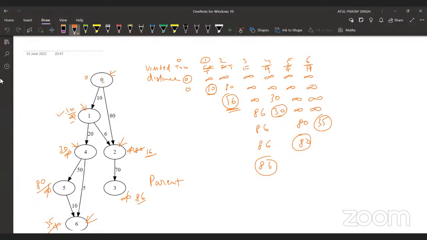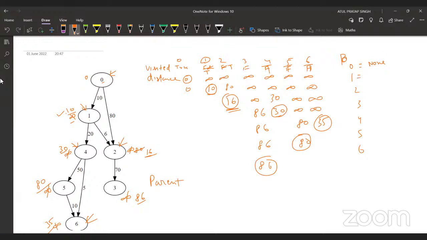We can store this information in another structure. For example, we can create a dictionary with keys 0 1 2 3 4 5 6, one for each vertex. For 0, the source vertex, there is no parent, so we store None.